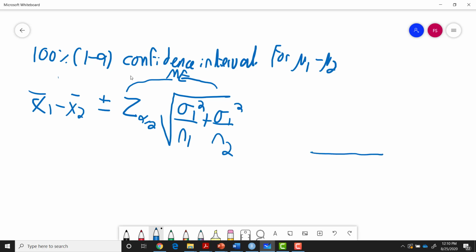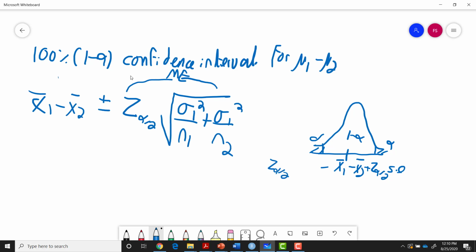So again, we could just draw it here. This is my 1 minus alpha, my alpha. And it's exactly the same as before, except we're doing the difference in the middle. And this is my standard error, SE. And minus z alpha over 2 times my standard error.